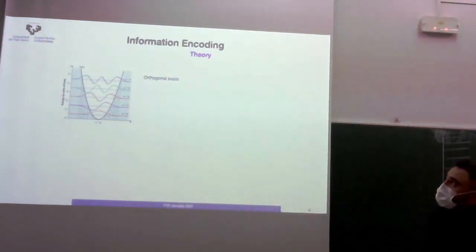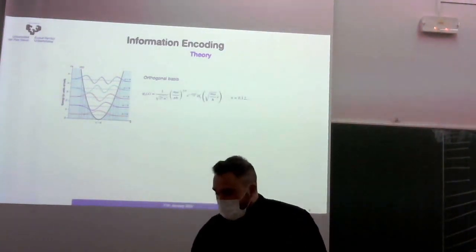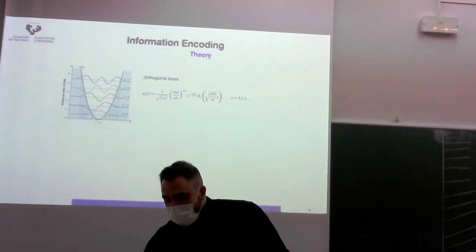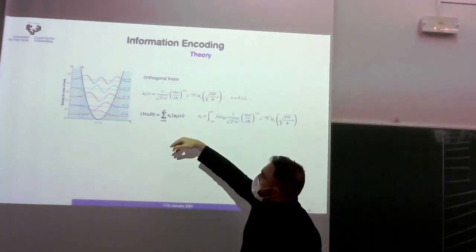the bosonic part? We can interpret this as a harmonic oscillator. So basically we have an orthogonal basis, and this orthogonal basis is given by the harmonic wave functions.